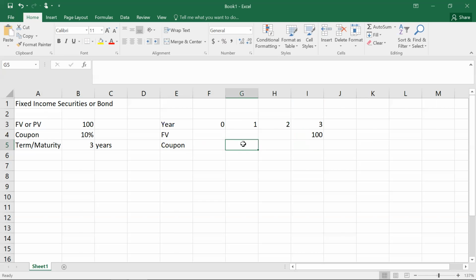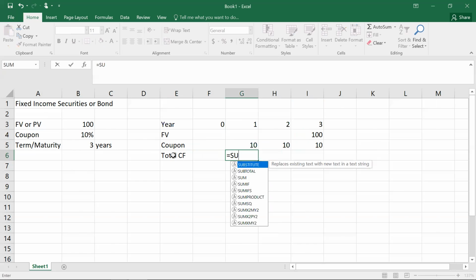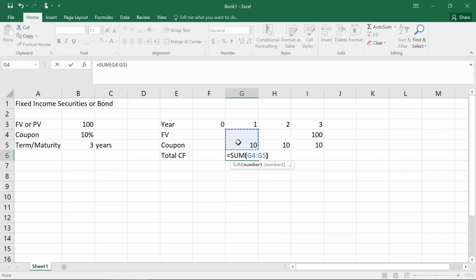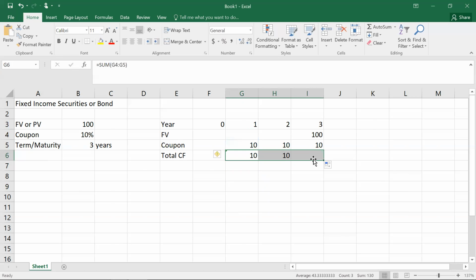The coupon cash flow are 10% of 100, so it is 10. And what are the total cash flows? Total cash flow is the sum of the coupon cash flow and the face value.